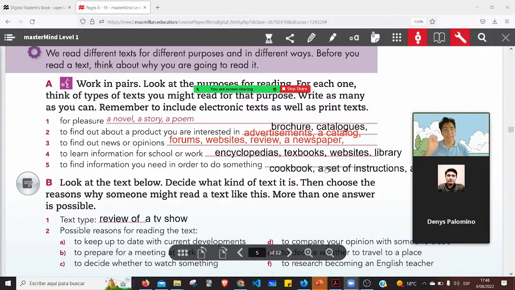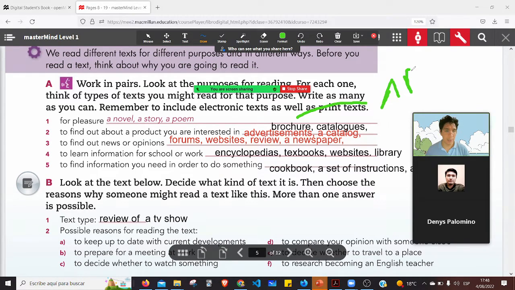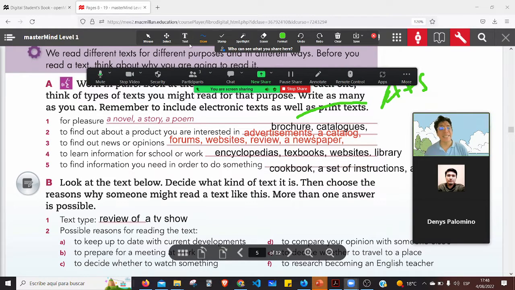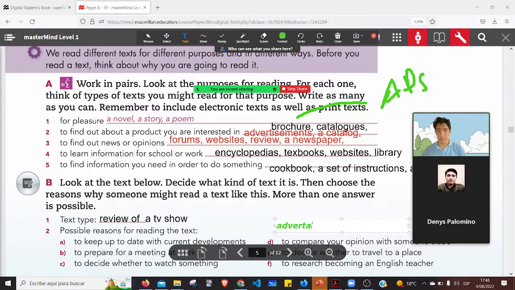Advertisements. Yes, advertisements comes from ad. Ad means anuncio. Advertisements and ads, anuncios. But advertising is the general, the main idea. You see what I'm saying?